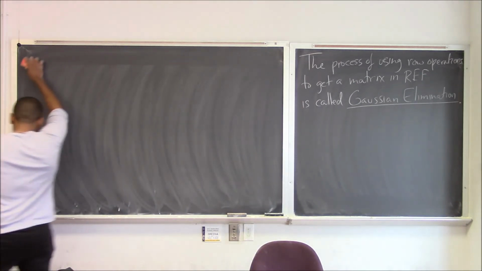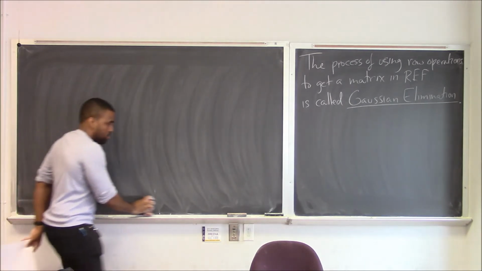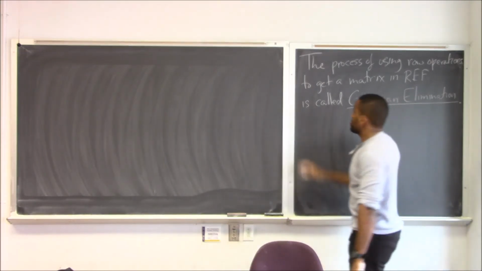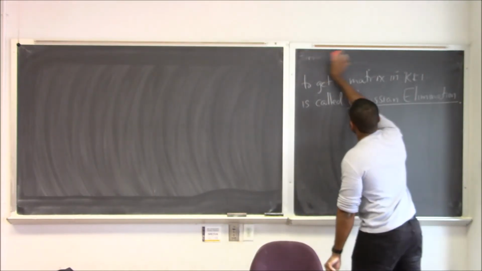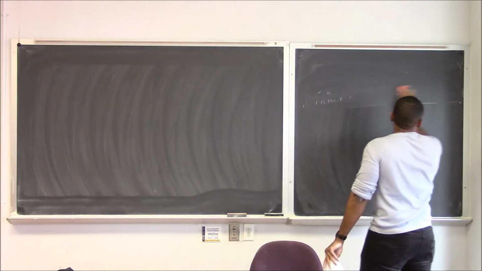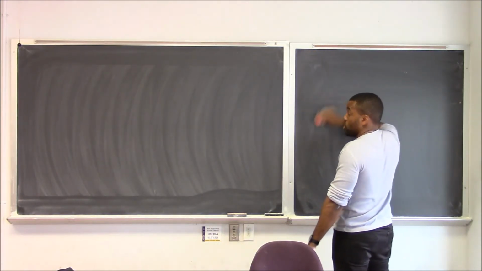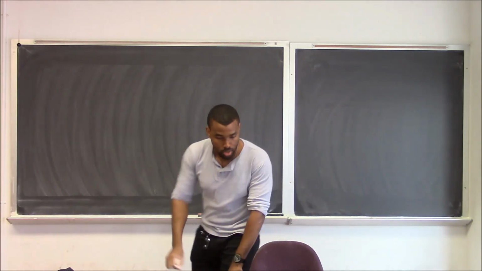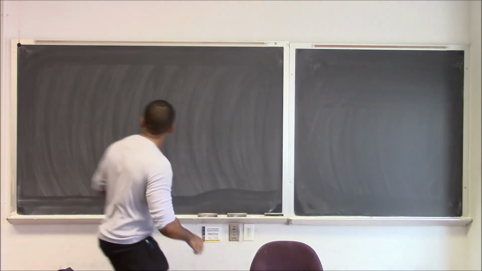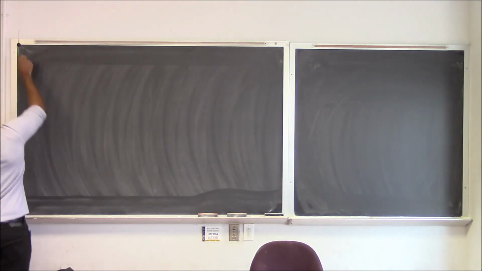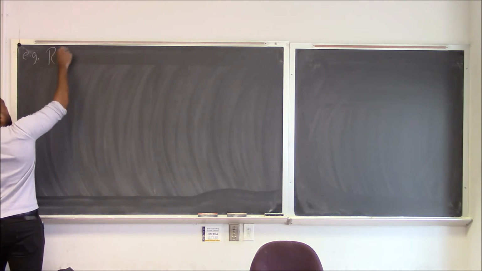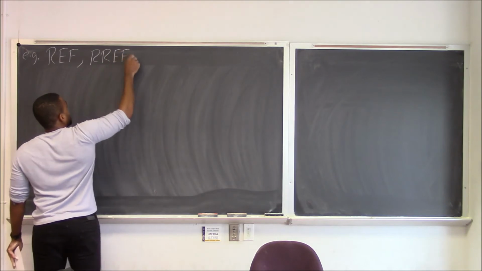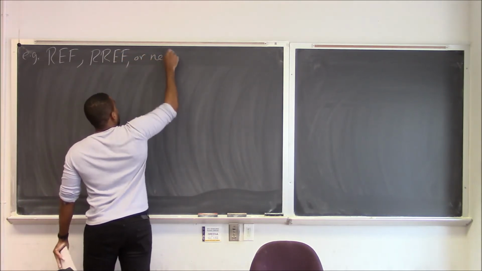So I'm going to write down a bunch of matrices on the board. You are going to tell me if they're in row echelon form or reduced row echelon form or neither. And if, of course, if neither, you can tell me why. And just to make sure you know how to look at these matrices. REF or RREF or neither.